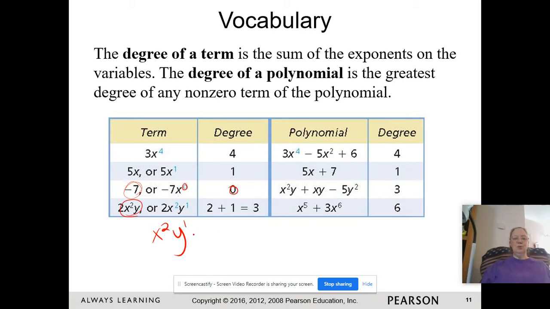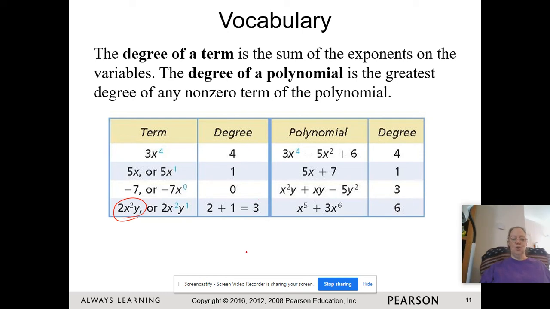What we're really doing is we're not going to take the exponent on this variable. We're not going to take the exponent on that variable. What we're really concerned with is how many times any variable is being multiplied together. So in this case, I have 1, 2, 3 exponents, or three variables being multiplied together. So my degree would be 3 for this term.